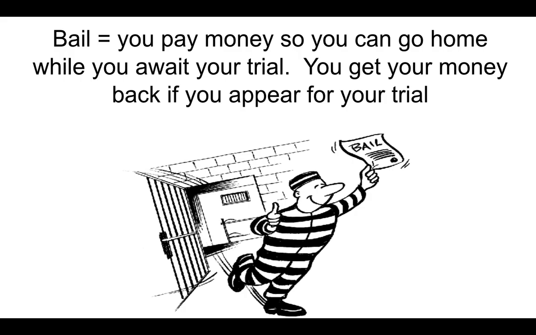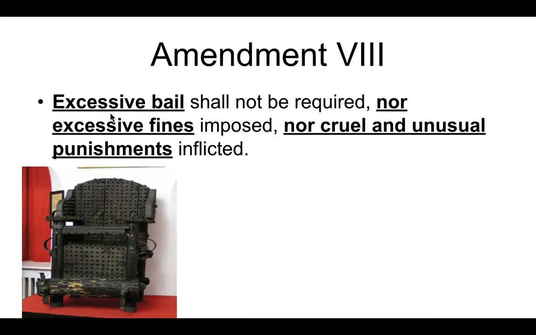But then you pay your bail, then you can wait at home, and when you appear in trial, you get your money back. If you don't appear in trial, then the government keeps the bail. So that's excessive bail, meaning they can't have bail be too high. It's got to be a reasonable amount. If it's going to be really high, there has to be a really good reason for it.